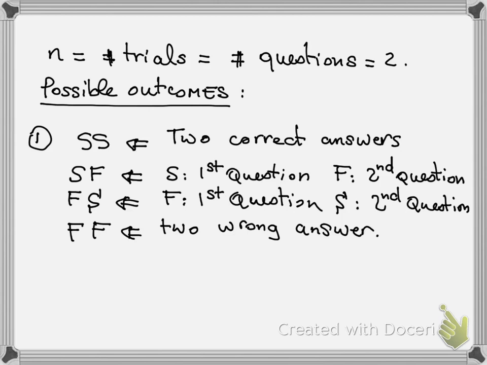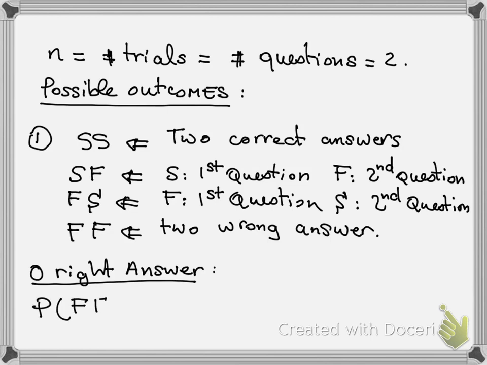So now, what would be the probability to get zero right answers? Well, that's when you fail the two questions, right? So that's the probability of F and F. You fail the first and you fail the second.